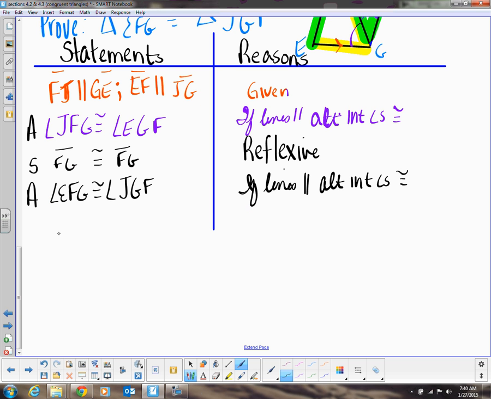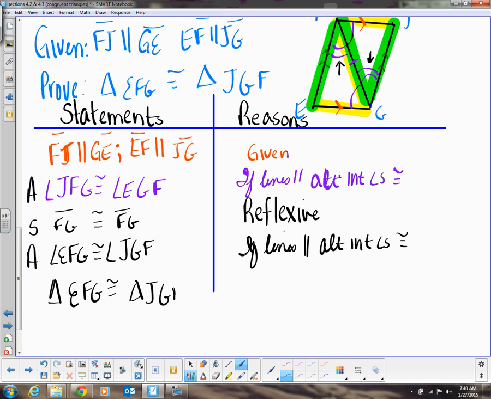All right, so now I can say triangle EFG is congruent to triangle JGF, and what's this reason? What's this reason? Angle, side, angle.